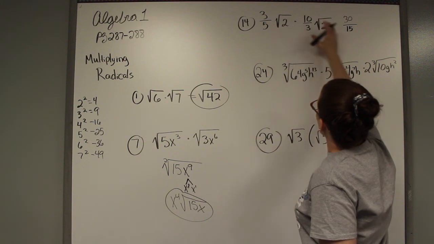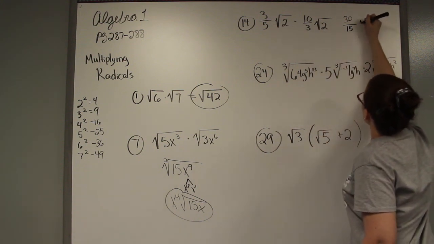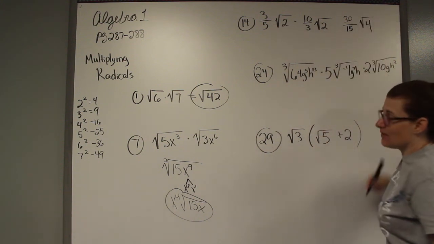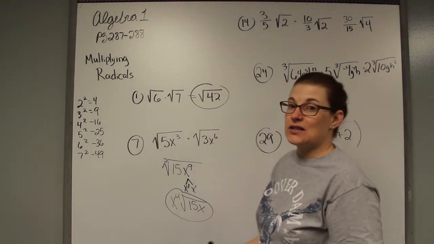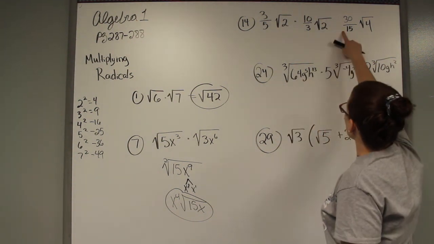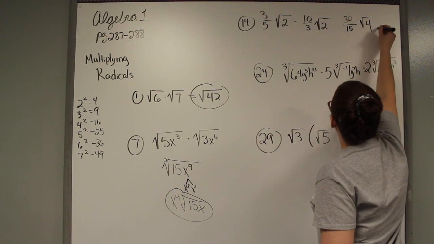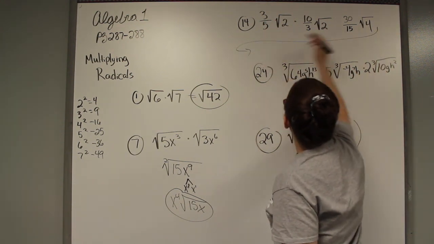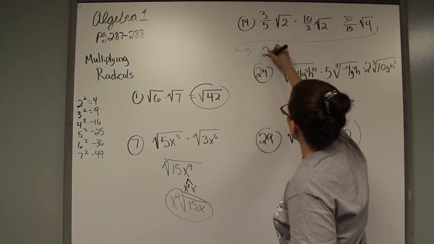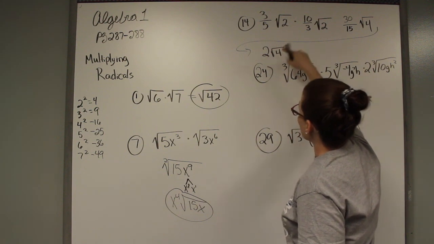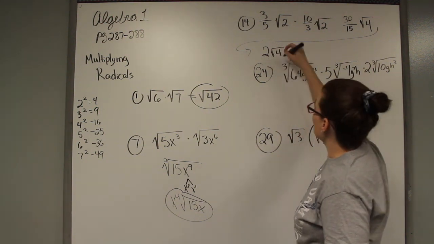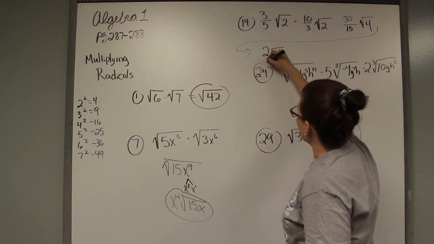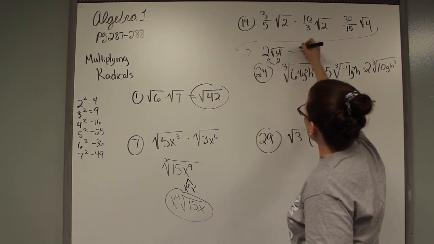And then 2 times 2, which is radical 4. Now that can definitely be reduced. So first thing I want to do, 30 divided by 15, and I'll move this way over here. 30 divided by 15 is 2. So I have 2 radical 4. The square root of 4 is 2. So that comes out and multiplies right here, 2 times 2.